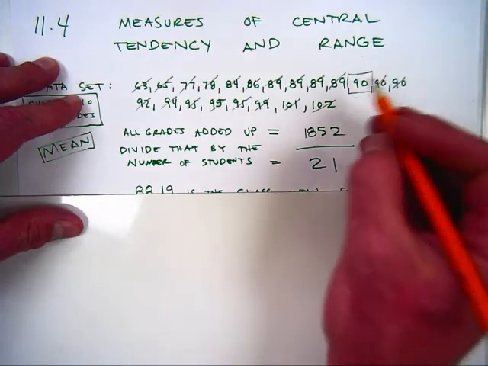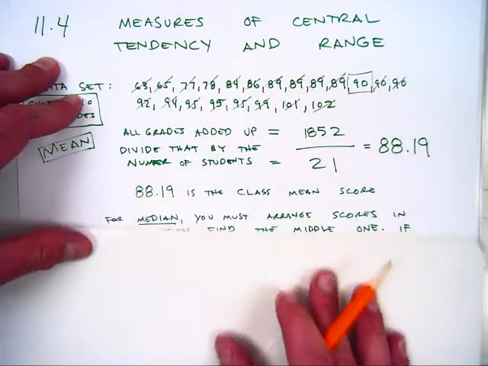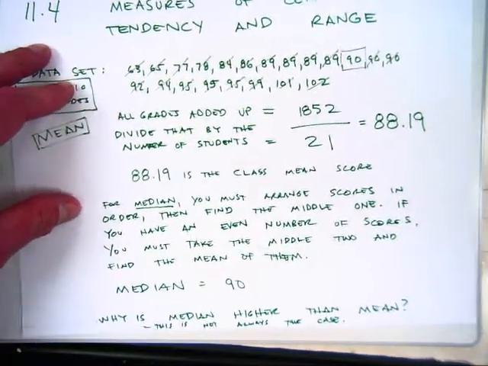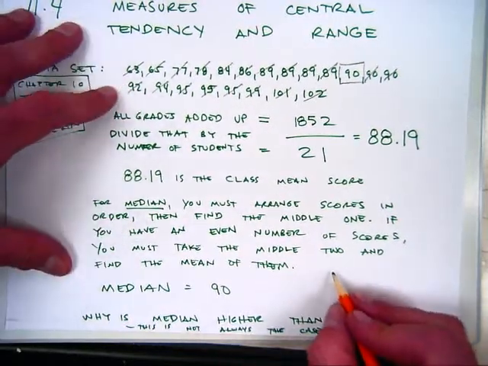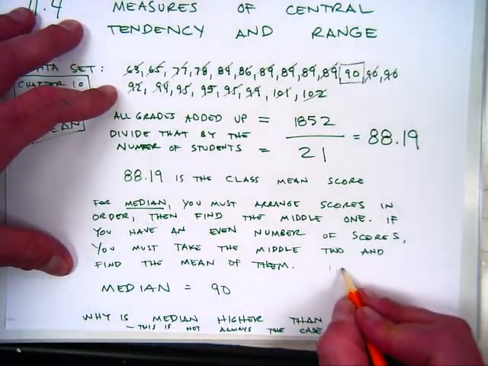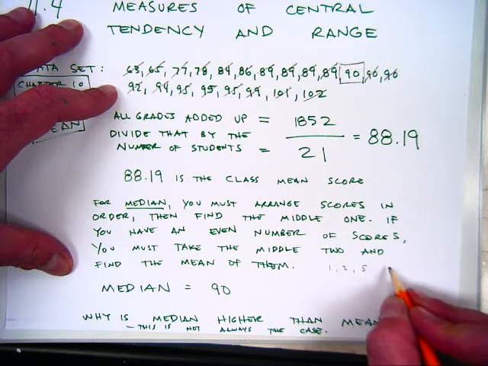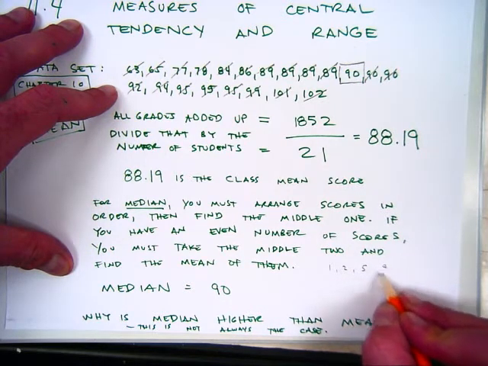If we had two numbers in the middle, let's say we had an even number. Let's look at an example here. Let's say we had a data set of 1, 2, 5, and 9.